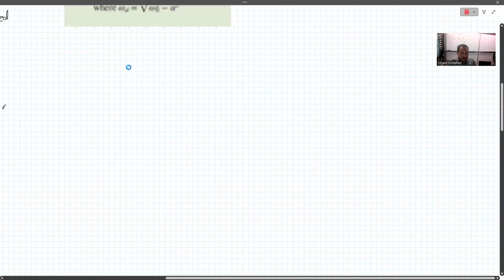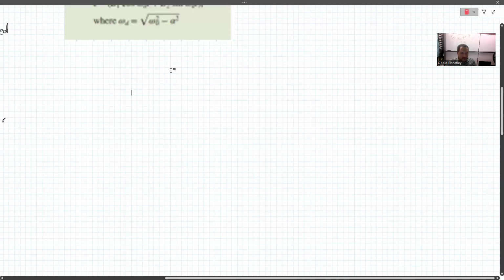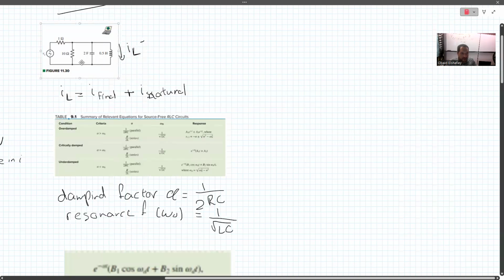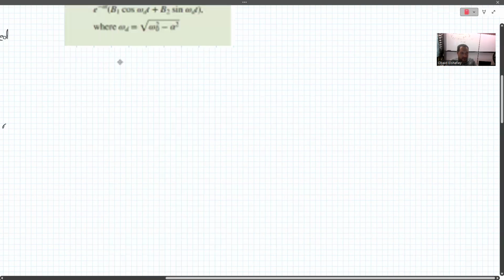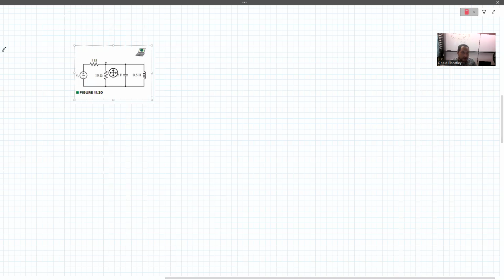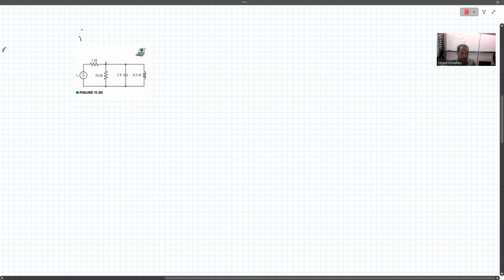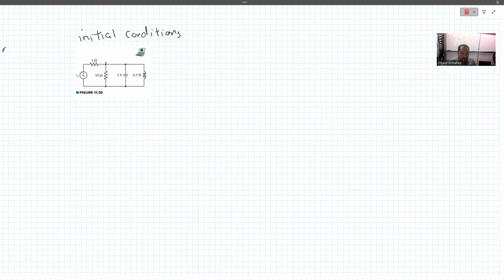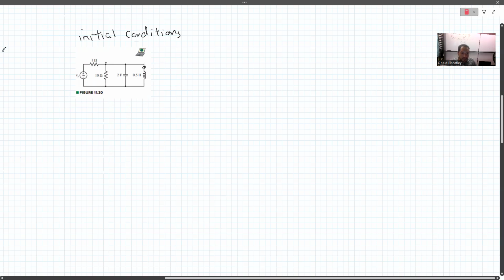So let's take our circuit and find the initial and final conditions. Initially, an inductor will be an open circuit, while a capacitor is not charged, so it will be a short circuit.